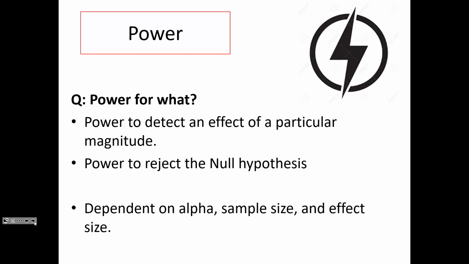Well, okay, if I'm going to build in an interaction, then theoretically I'd like to be adequately powered to detect the interaction effect. That's a different number than being adequately powered to detect the main effect.